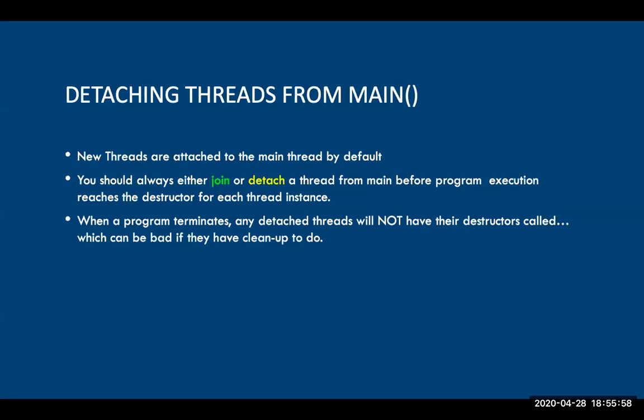Now, I realize I always pick on particles, but let's say every particle flying in the air in some simulation was a thread. That'd be kind of crazy, but we really don't care. It's there for cosmetic purposes. We really don't care whether they die when the program dies. We just want them to keep doing their thing for as long as the game is running. But when we quit, we want to just kill them all, right? So we could detach those threads and just let them go on their merry way and do whatever it is they're doing.